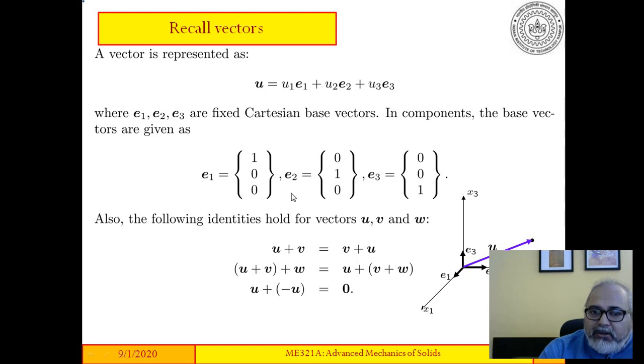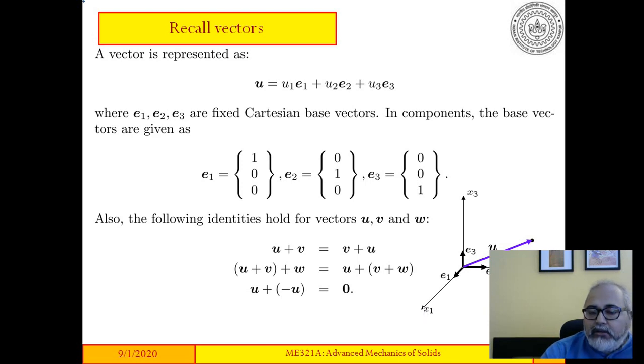So let me start with vectors, which you know well, I suppose. We will make a few changes which may look a little cosmetic at this moment, but these are changes that are going to be very useful for us. So we are going to talk about a fixed Cartesian basis, and instead of calling it x, y, z axis, we will call x1, x2, x3 axis.